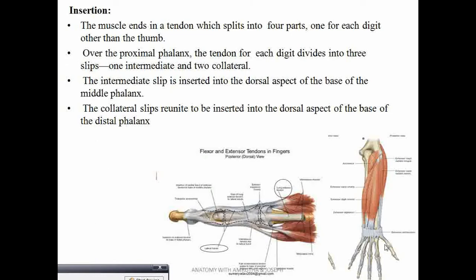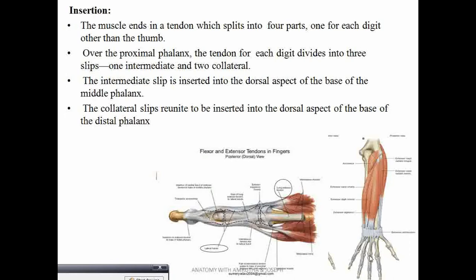Insertion: the muscle ends in a tendon which splits into 4 parts. So the muscle divides into 4 tendons, one for each digit other than the thumb. It is not going to the thumb, but goes to the medial 4 fingers.